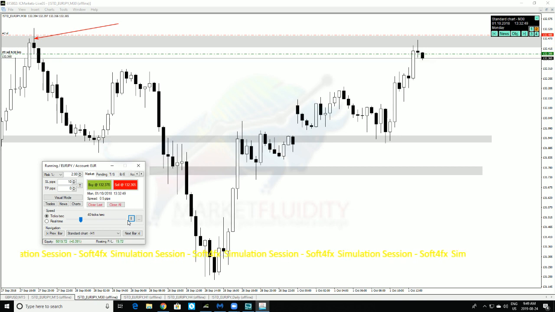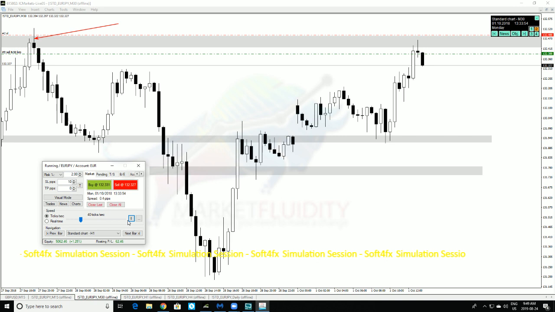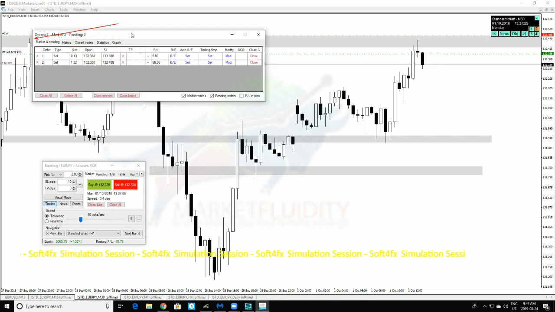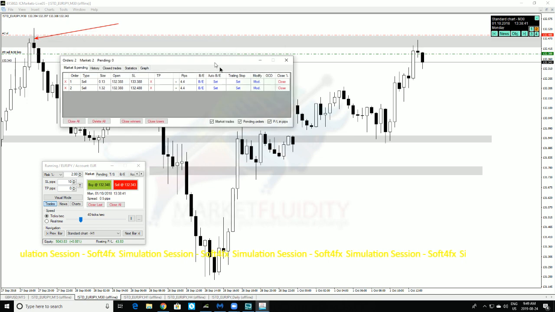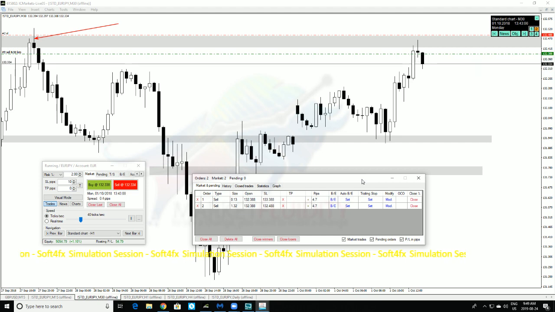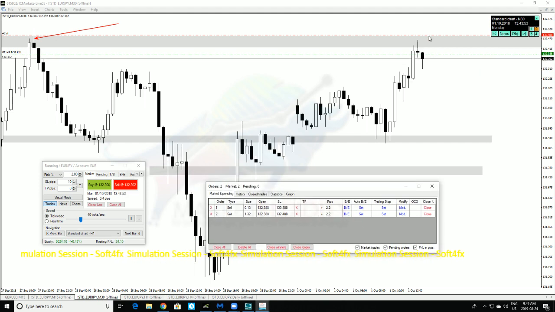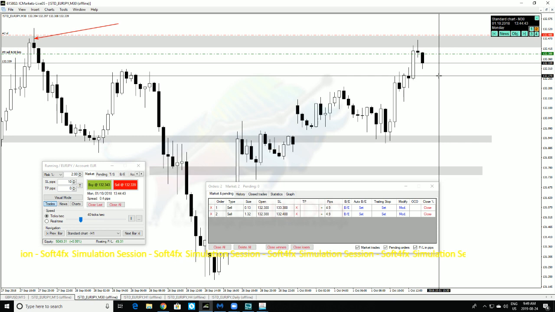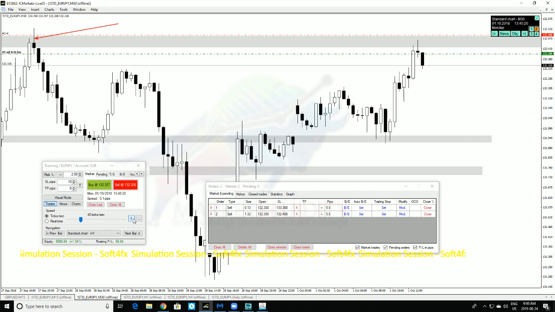Let's see what happens. This is our trade running. We have a stop loss, and our take profit is somewhere down over here, 132,270. Let's place this stop loss here.